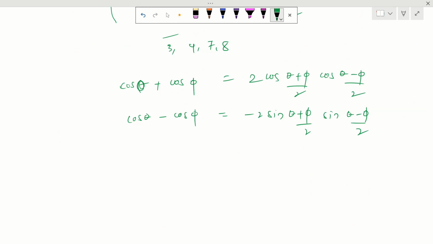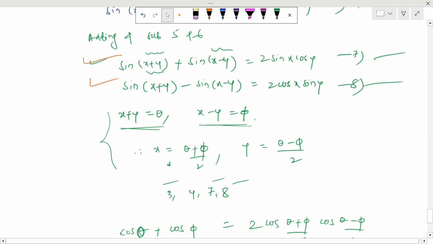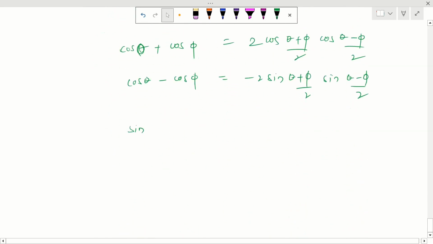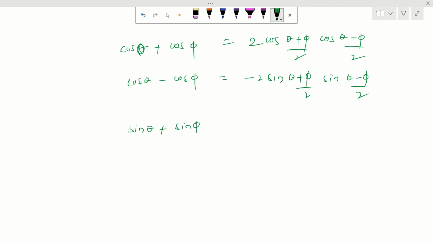What about the seventh and eighth equations? The seventh equation we have is sin theta plus sin pi, and the eighth equation is sin theta minus sin pi.